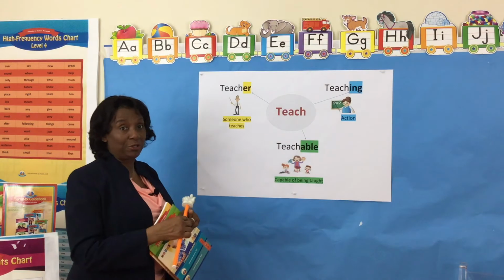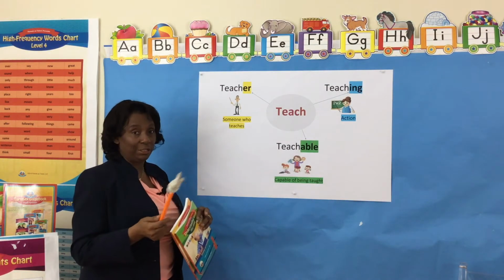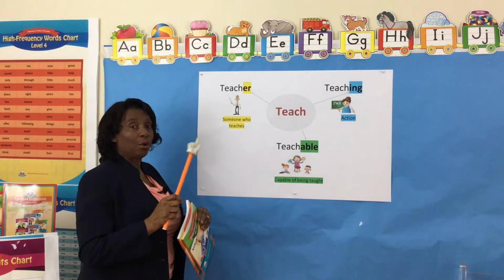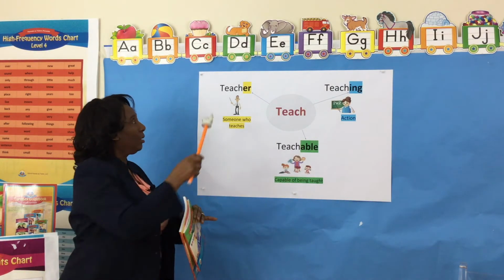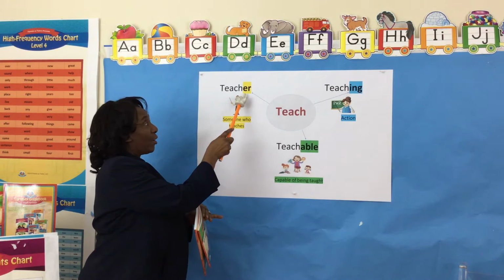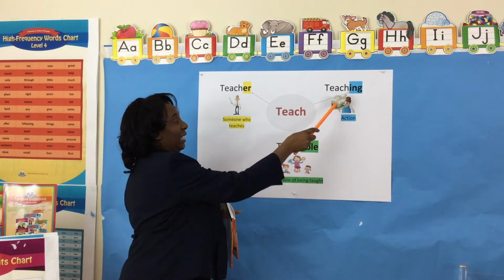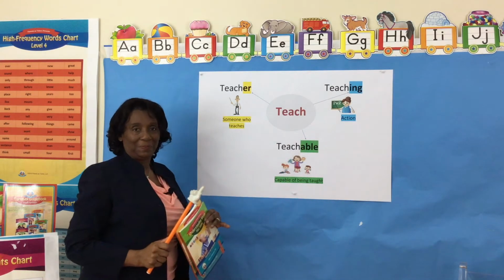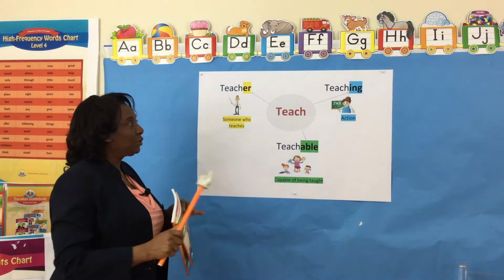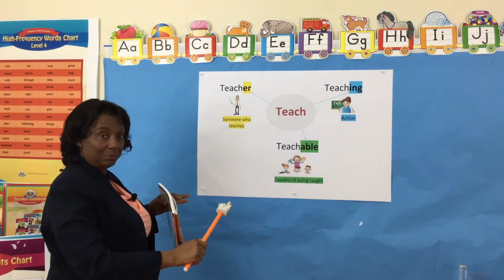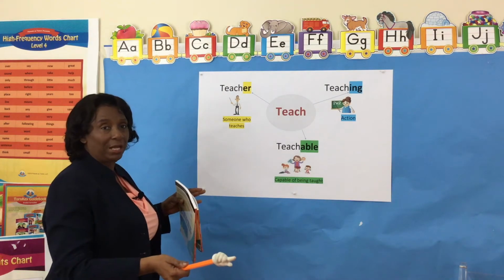For example, today, I'm going to demonstrate how we are going to expand a word by adding word endings or suffix like ing, able. And I want you to do this with your child. So get a chart paper or whatever it is that you use at home.